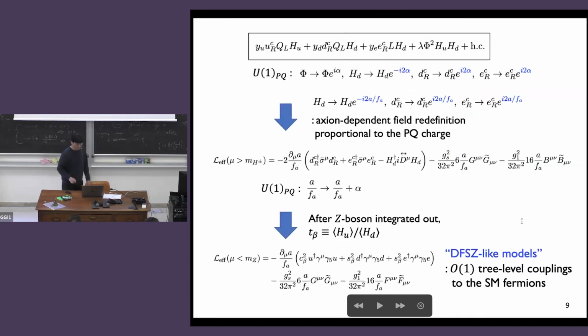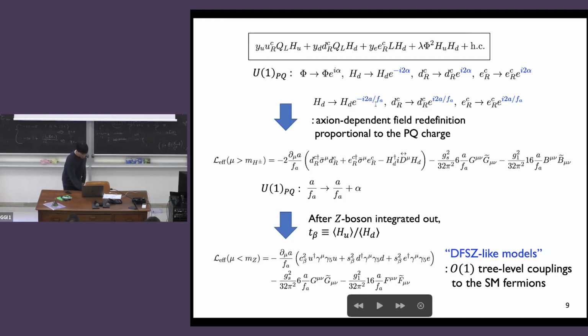And in order to get the low energy effective action, we again go to a field basis where Peccei-Quinn symmetry is non-linearly realized by the shift of the axion field alone. And this can again be done by an axion-dependent field redefinition, with the exponential argument proportional to the Peccei-Quinn charge of the associated field.